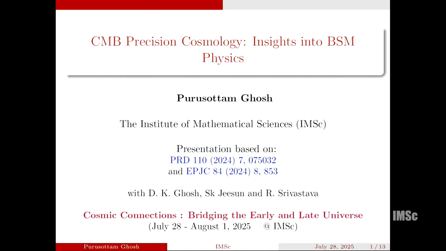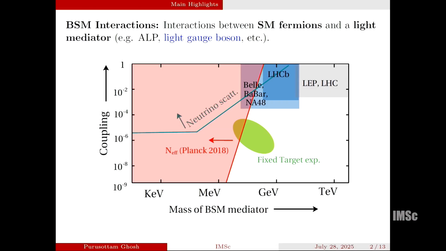So this talk is at the interface between particle physics and cosmology, slightly different from the earlier talks. The main idea of this talk: if we have a BSM interaction between a Standard Model fermion and a light mediator, then the light mediator faces several constraints from different experiments, like laboratory experiments, cosmological observations and astrophysical observations.